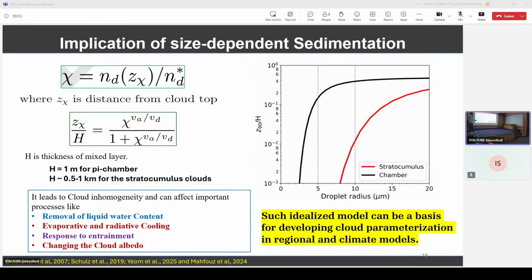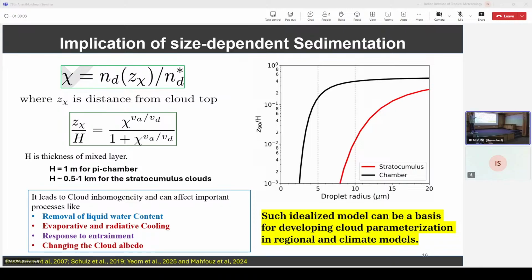If you just take the size sorting for a 10 micrometer droplet radius, you see that this is around 10 to the power minus 2 in the scale factor. When we scale it to a 1 kilometer scale, it roughly becomes 20 meters.